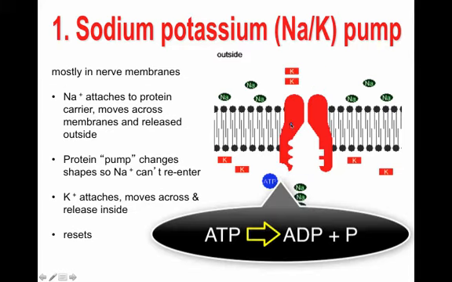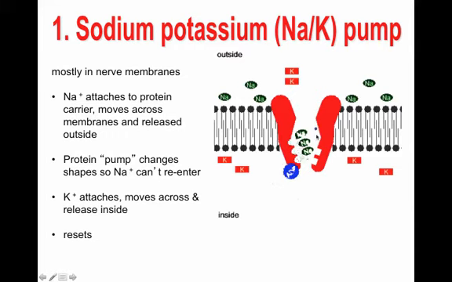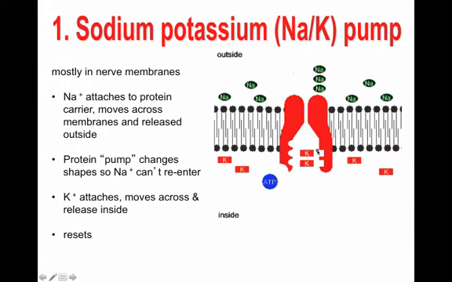Therefore, when that protein pump allows those three sodium to bond here, the protein will change shape in the presence of that ATP, which allows the sodium to be released to the outside of the cell. This shape now allows the potassium ions to bind to the protein pump, which changes its shape again back, and therefore we get the potassium to move to the inside of the cell. And so this then resets and continues over and over again.